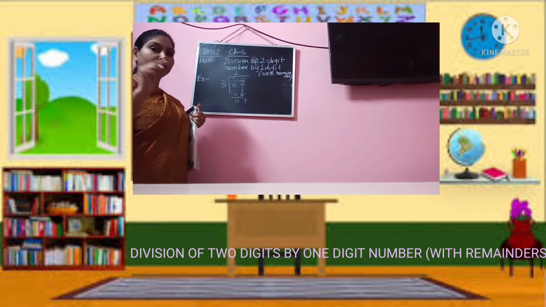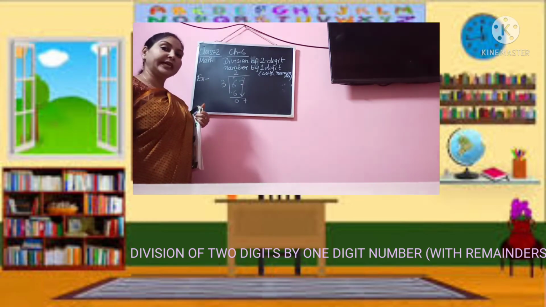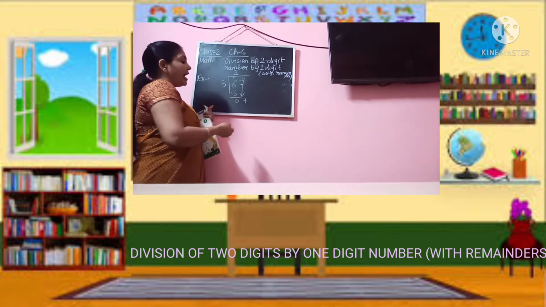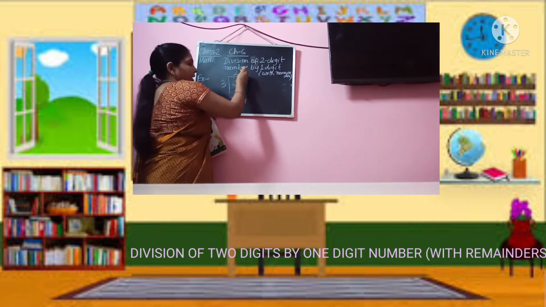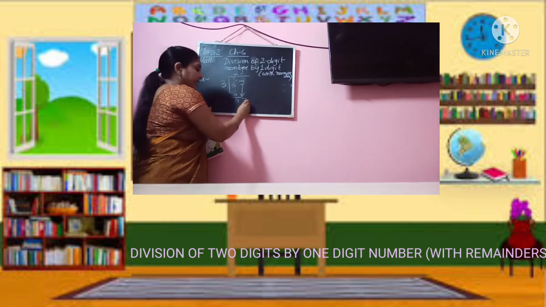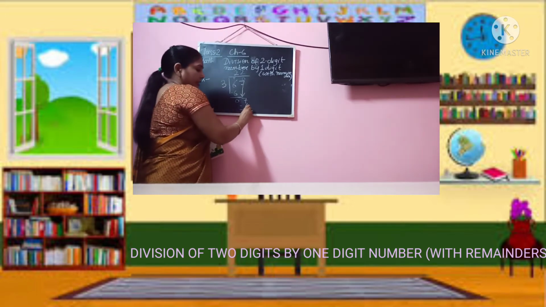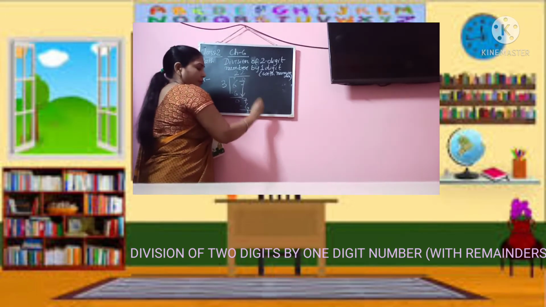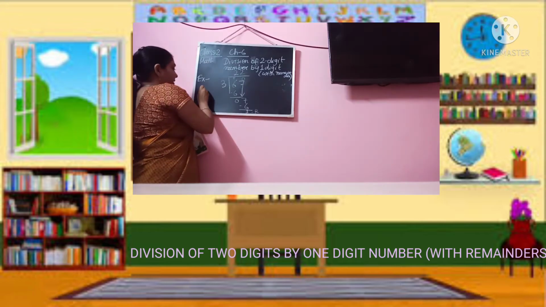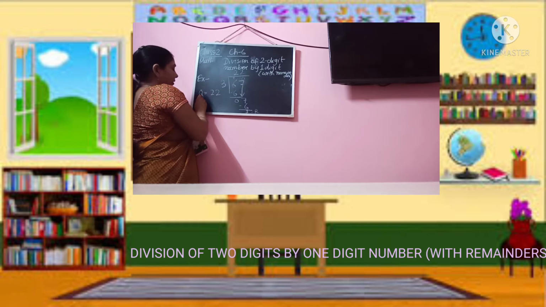So we cannot take 3 3s are, neither can we take 3 4s are. So we have to try again 2 times 3 is 6. And you subtract. What is the answer coming? Remainder is 1. So we can write here quotient is equal to 22 and remainder is equal to 1.